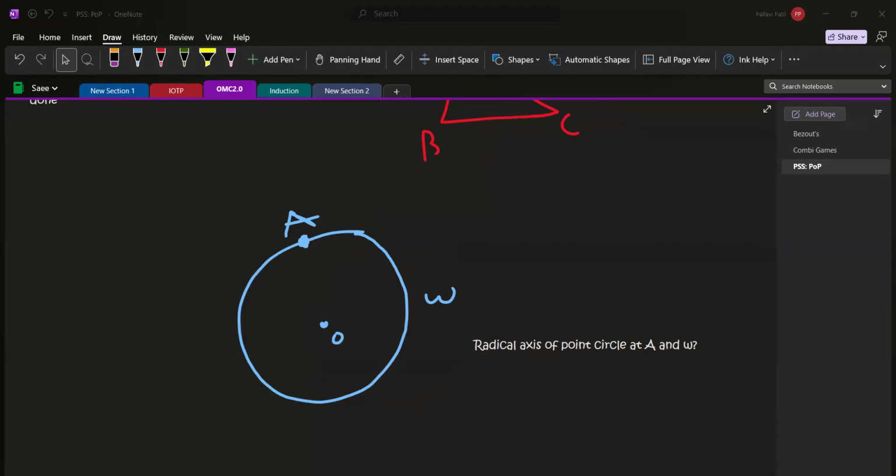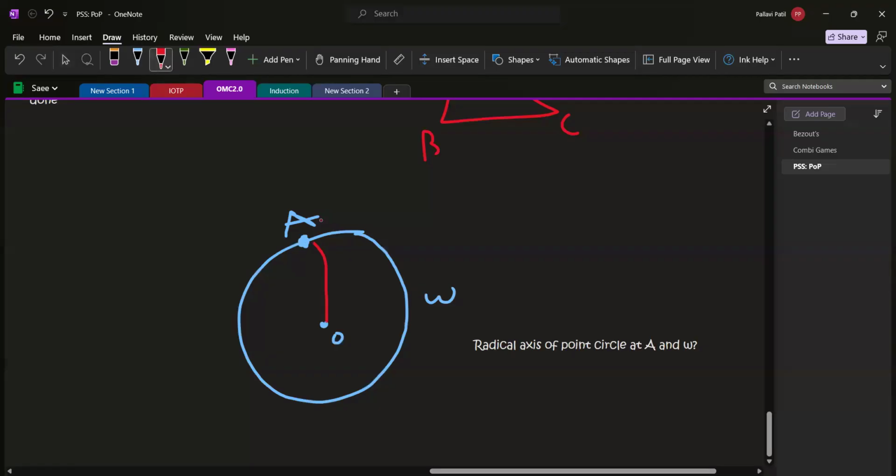Perpendicular bisector of AO, maybe just the tangent at A. Tangent at A, okay. And why is that? The power of the point is 0.